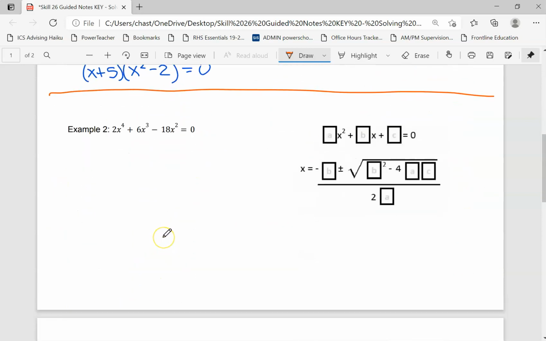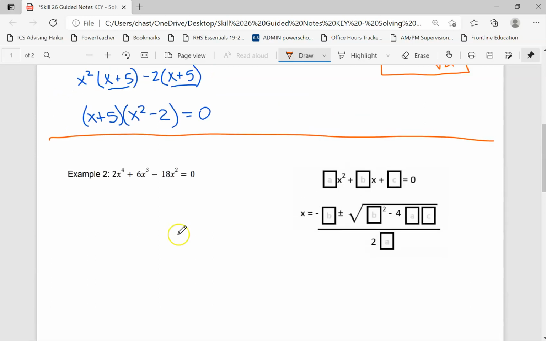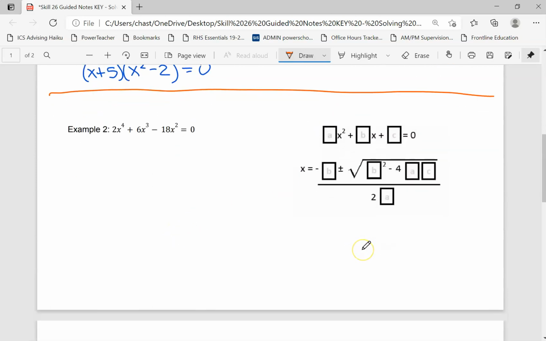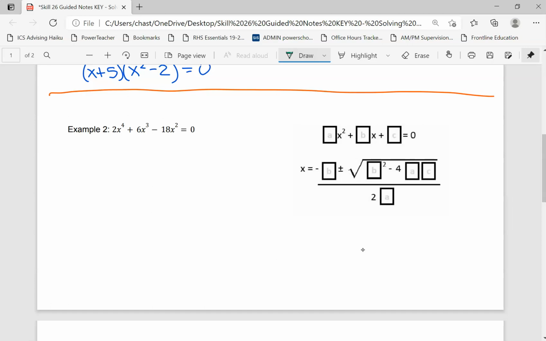The next one, we probably will need the quadratic formula for it. I'm just guessing because it's provided for us, but let's see. For this one, I see that everything is in standard form. So we have our exponent of 4, then 3, then 2, set equal to 0.